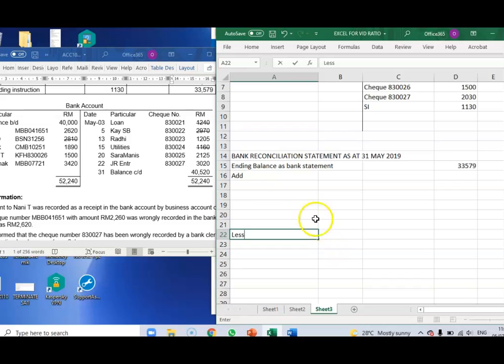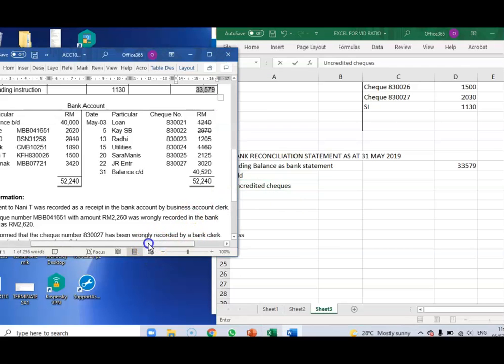Okay, first of all, we can add what we call uncredited checks. We have uncredited checks in our bank account.